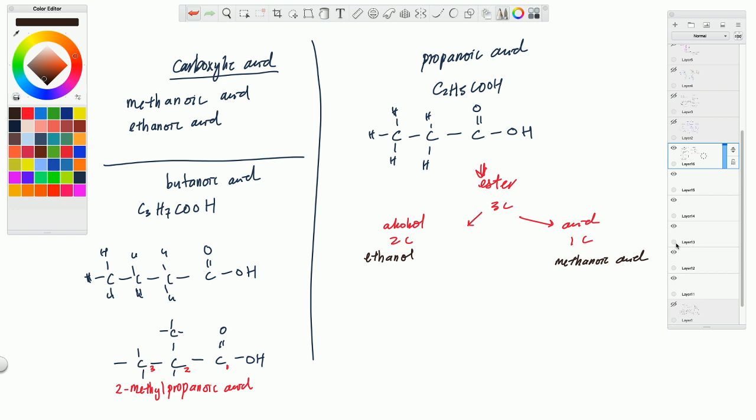So the isomer will be ethyl methanoate. How will it look like? HCOO C2H5. So it will look like this. HCOO C2H5.